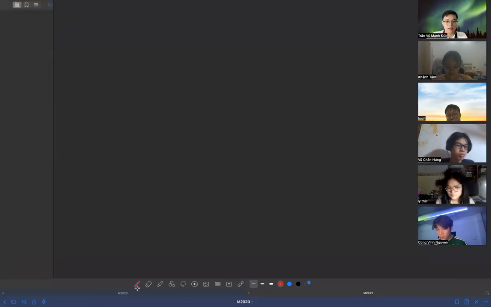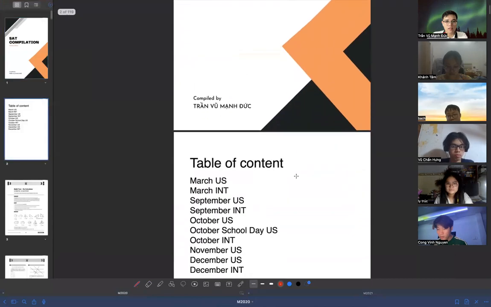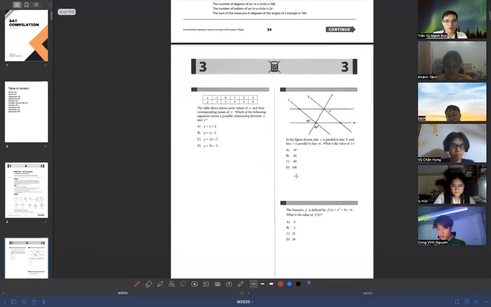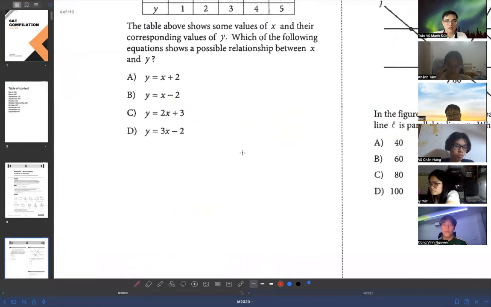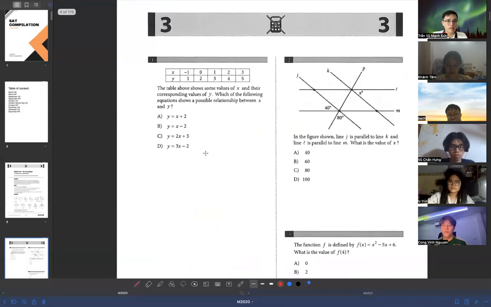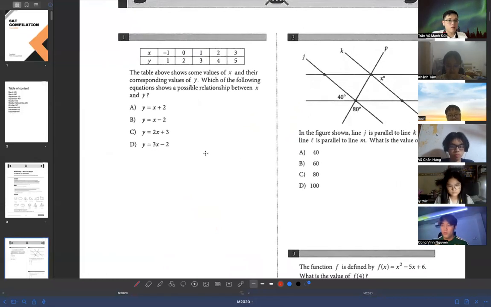Okay, we still very luckily have 5 minutes left, and let's jump to the third section of 2020. Starting with 1, still you back.